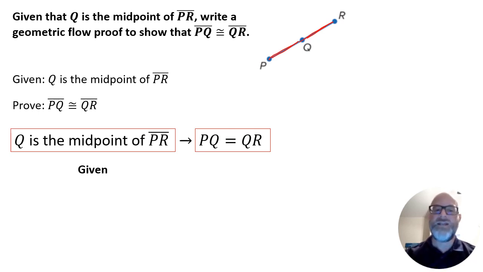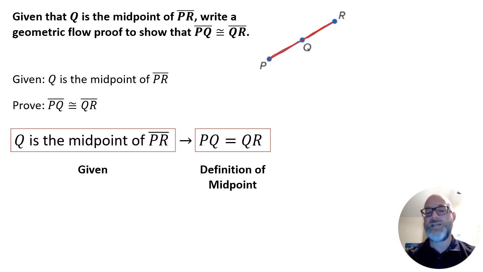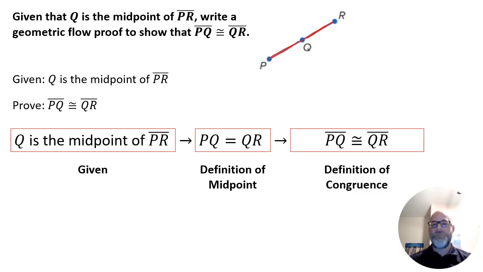What step did we take? We used the definition of a midpoint. That was literally the definition of a midpoint in your textbook. Right? Divides a segment into two equal measures, or into two segments of equal measure. There we go. Now, last step, straight to the conclusion.